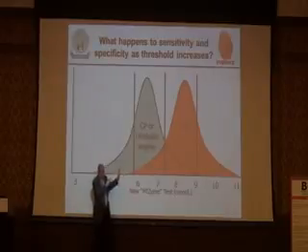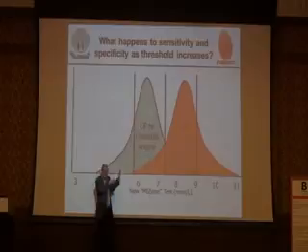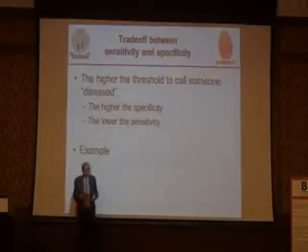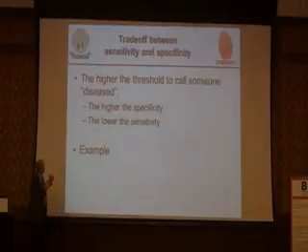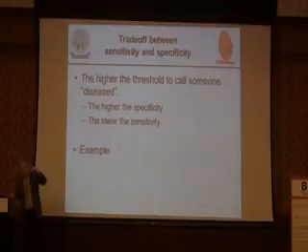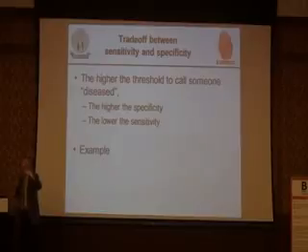It's going down, down, down, down. So you don't get any benefit from increasing sensitivity once you get down below that. So the higher the threshold to consider someone positive, the higher the specificity. The lower the threshold, the easier it is to be called positive, the higher the sensitivity, okay?